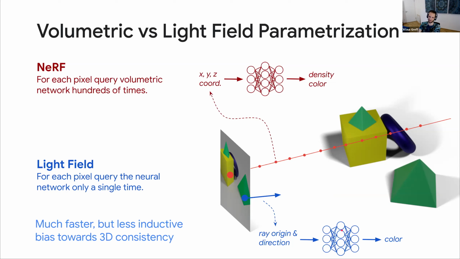We just feed the representation of that ray into a neural network and train the neural network to directly give us the color. So this, in effect, saves us a few hundred times running the neural network, because we only have to run it once. But the neural network now has to implicitly understand the 3D structure of the scene. It has to internally resolve any occlusions that might happen, and so on. The upside, of course, is that it is much, much faster, and it is much easier to deal with later.